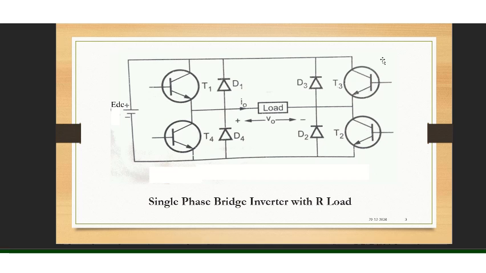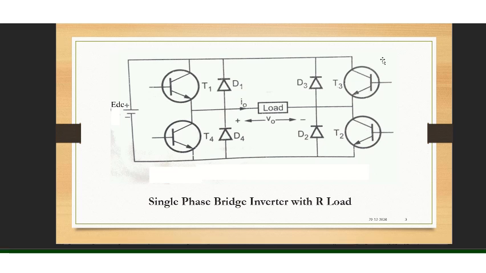Since it is a full wave bridge, the setup is the same whether the load is R or inductive, so the diodes are also shown here. When the load is resistive, the diodes do not carry any current, and the operation of this circuit can be understood like this.